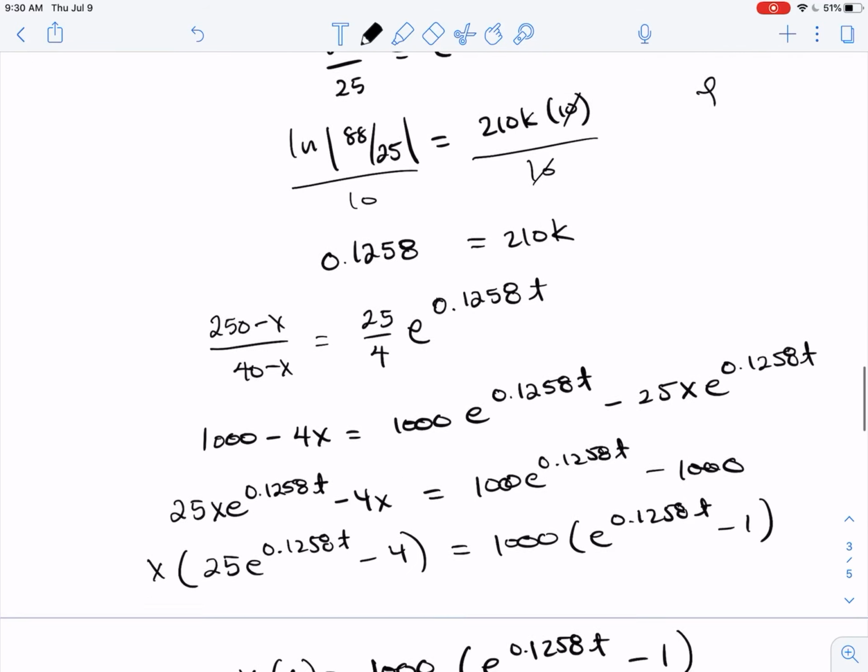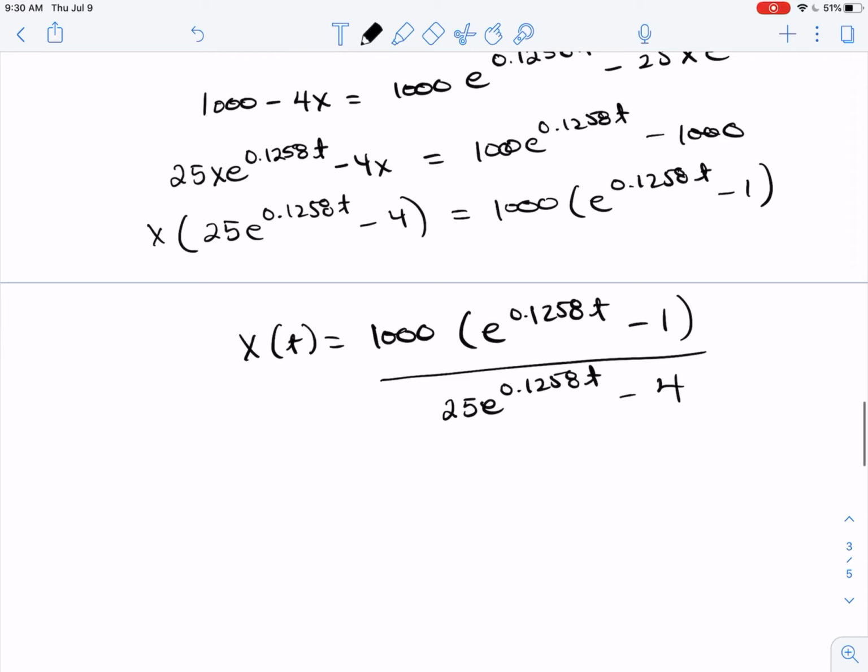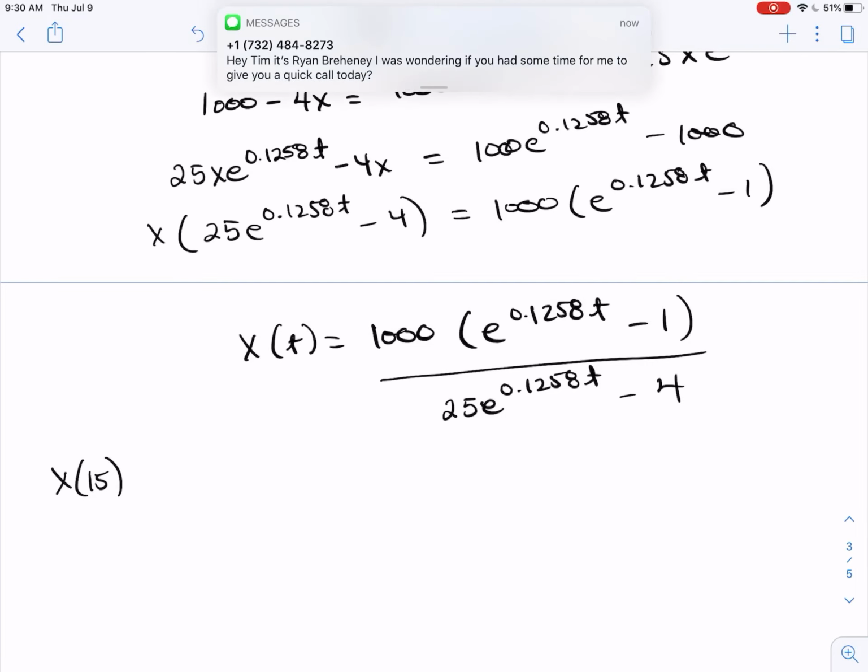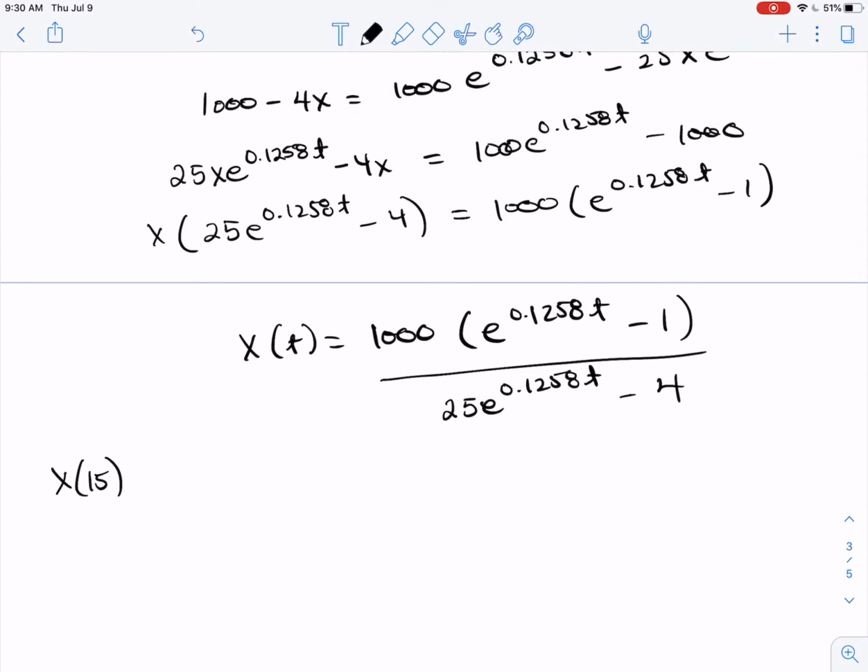Just be careful of how you're substituting in. So x of 15 winds up being, where did I put my answer? So you have approximately 34.78 grams, right? So that's the first part.